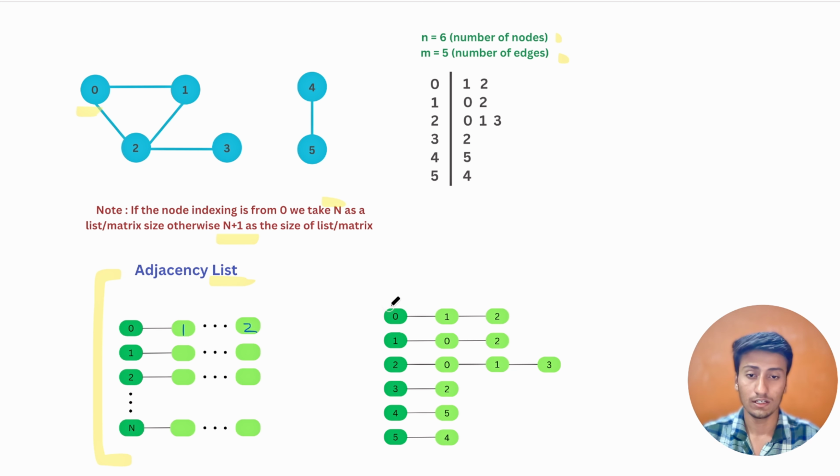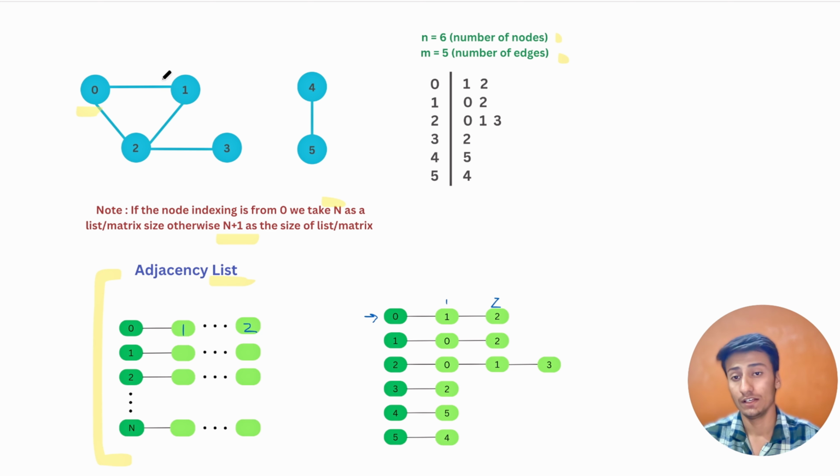So if you see, as I told, we have to initialize it with the nodes. The first node has a connection with 1 and 2, so it will have a list of 1 and 2.